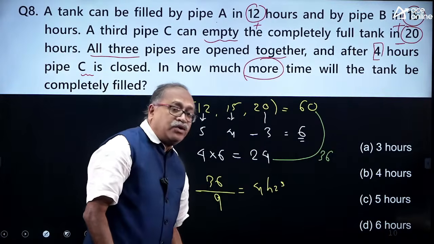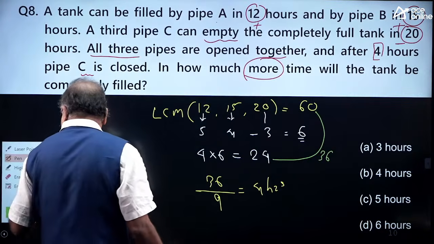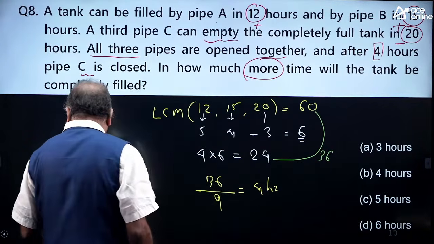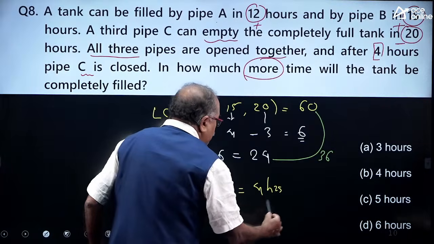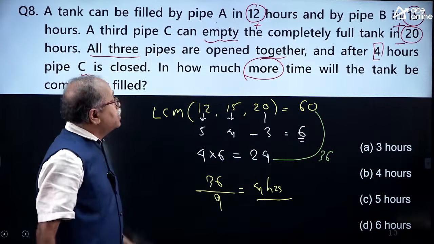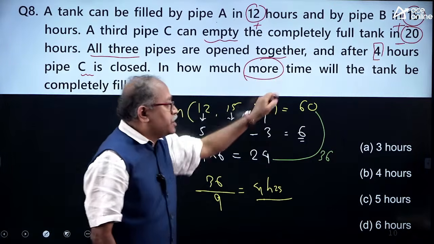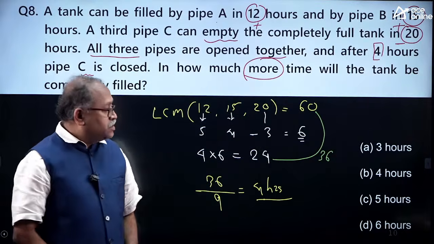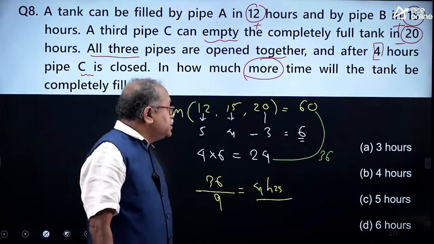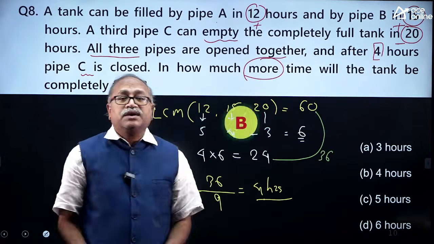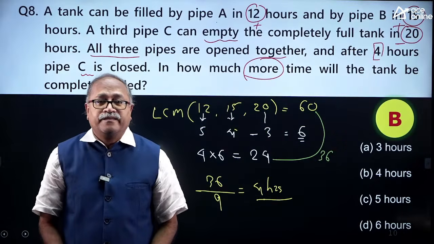Another 4 hours to fill the tank. So, how much more time? Another 4 hours. I can see that option B is there. Let me check. Yes, it's option B.